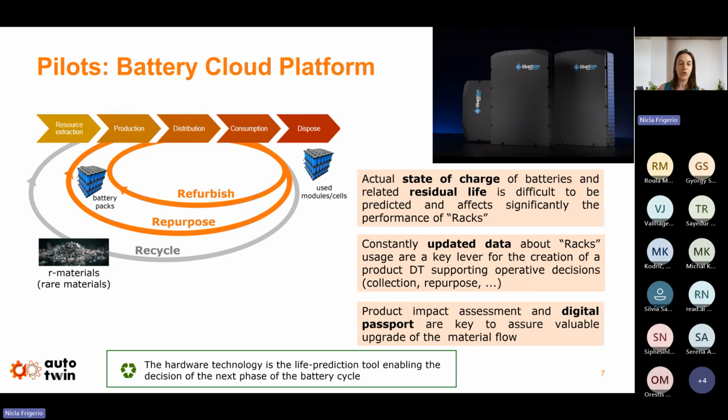So they are working on the two middle loops, called refurbish and repurpose, because every time they have a new used cell incoming, they have to choose whether to repurpose it in a pack or to substitute it in order to bring the pack again to a reasonable condition to be used. Here, the actual state of charge is difficult to predict, and having a digital twin of the product can be a very important tool in order to make a decision in this particular pilot. And because of the different usage of the pack, we need constantly updated data about how those batteries are used.